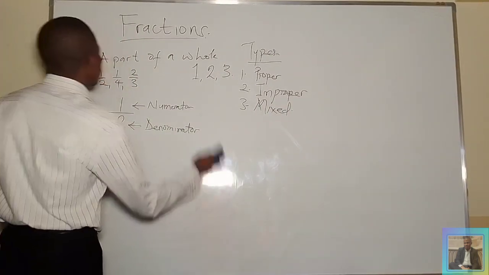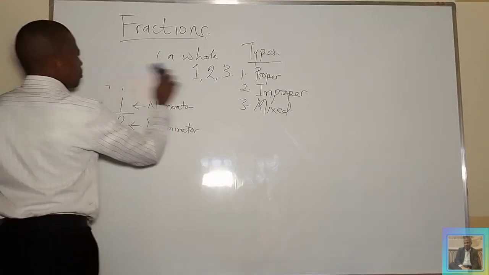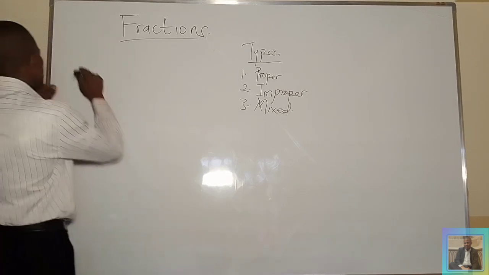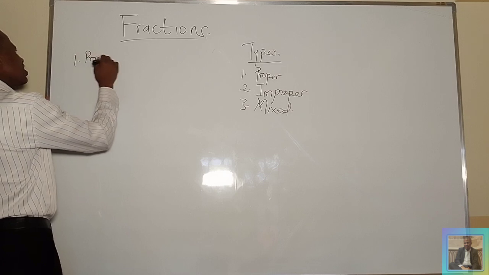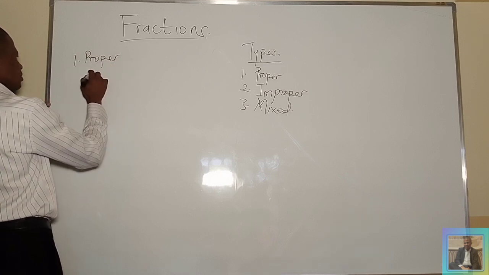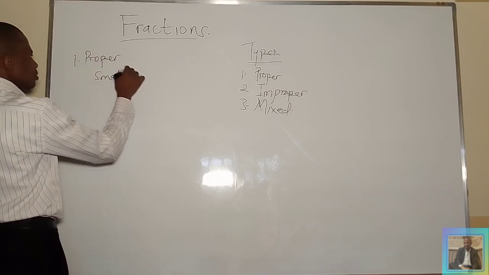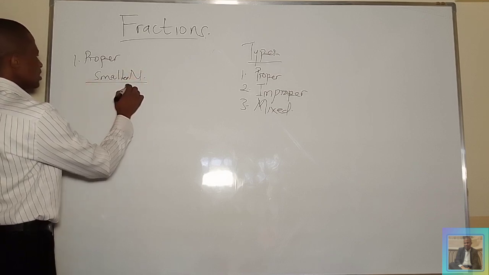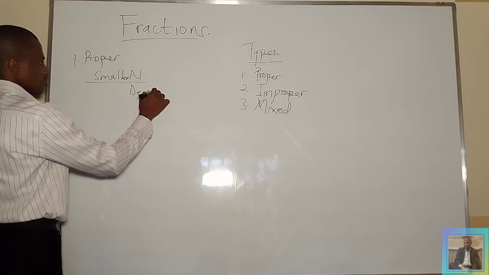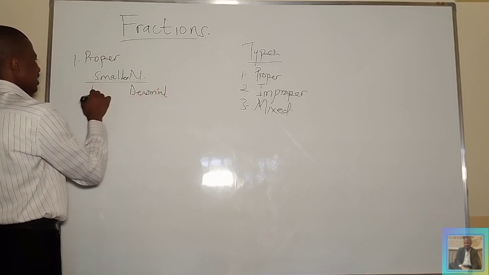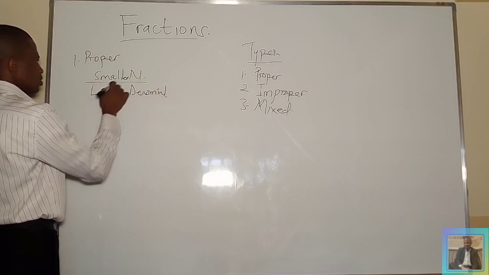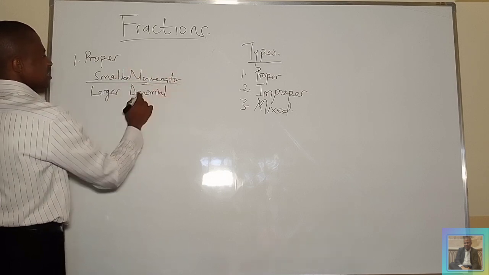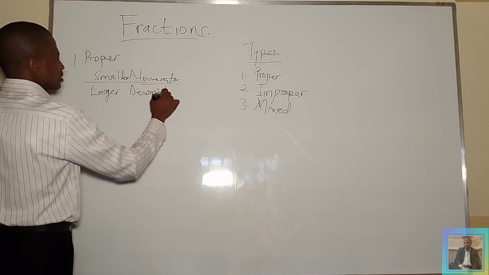Now, what's a proper fraction? A proper fraction is a fraction where the numerator is smaller, is lower than the denominator: a larger denominator, a smaller numerator.